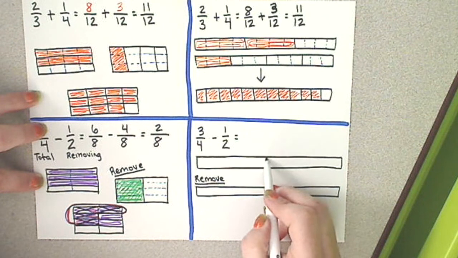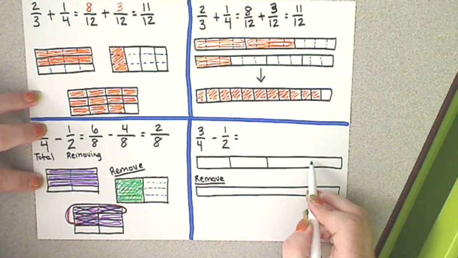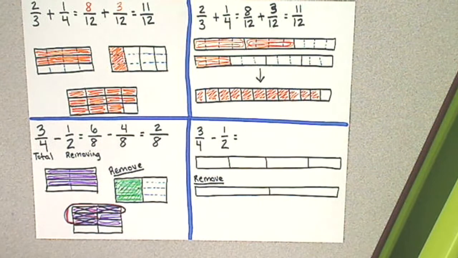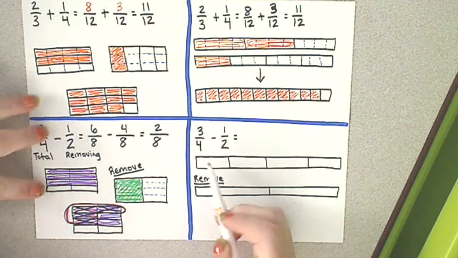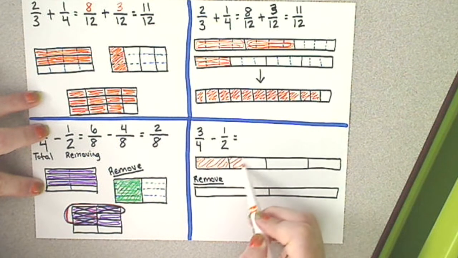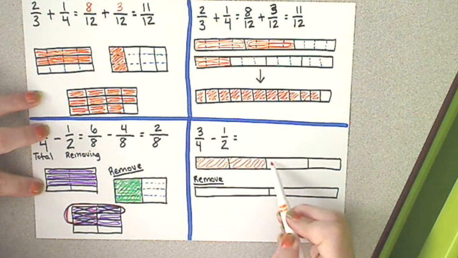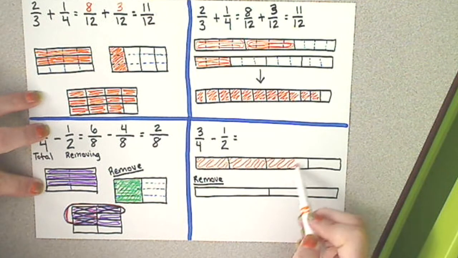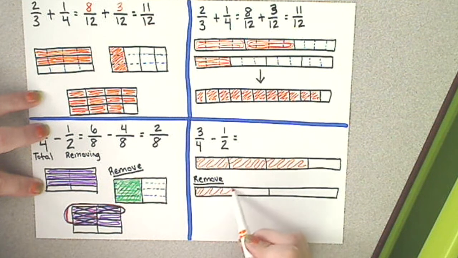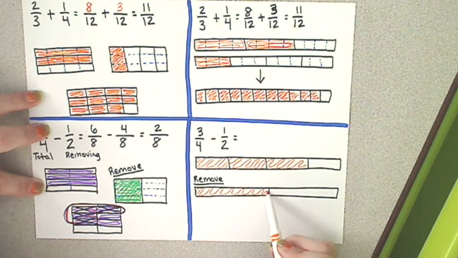Start with 3/4, so there's my half and my 4ths and half. Let me change colors this time to make this a little easier for you to see. So I've got 1, 2, 3, and I'm removing 1/2.